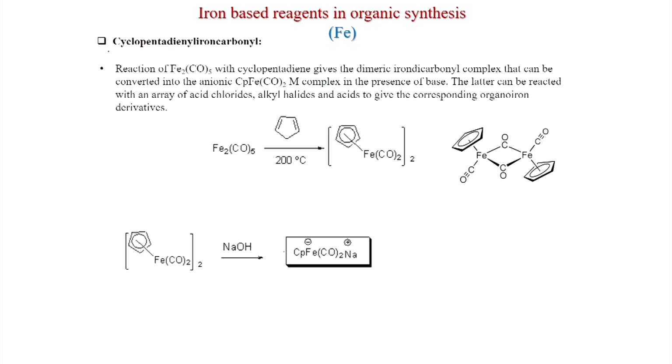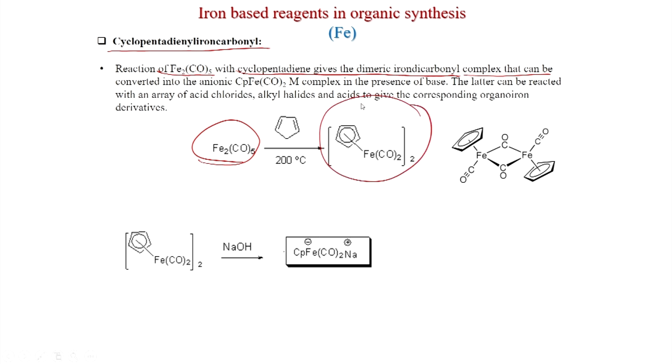Now, we will discuss cyclopentadienyl iron carbonyl. So, reaction of Fe2(CO)5 with cyclopentadiene gives the dimeric iron dicarbonyl complex. So, this is the cyclopentadiene iron dicarbonyl complex.